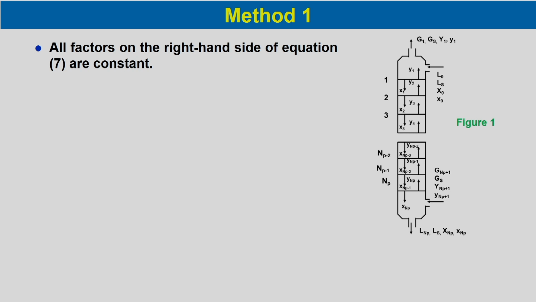Now, in these equations, all factors on the right hand side are constant, because y n p plus 1 is the entering concentration and x n p is the exiting concentration at the bottom. These are constant. m is the Henry's constant for absorption.